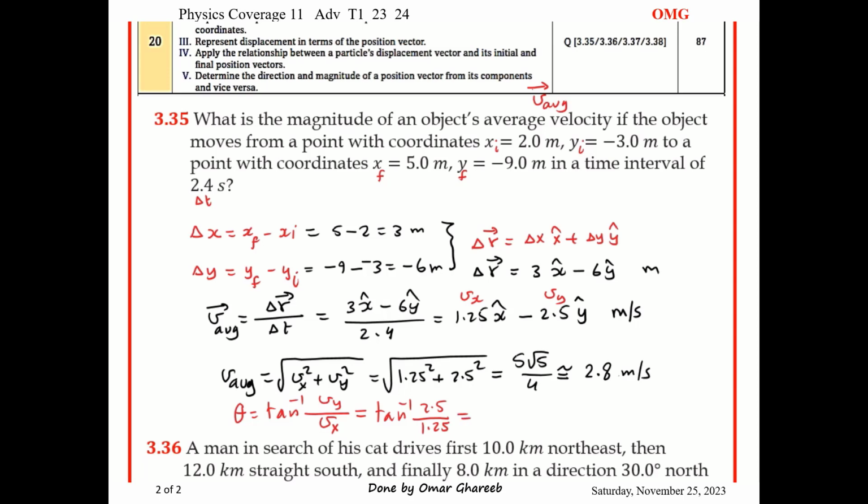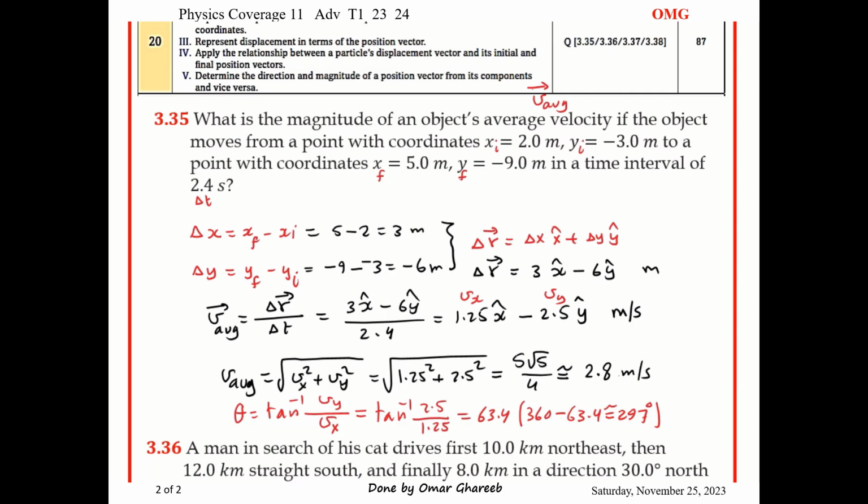The angle is 63.4, but this angle is in the fourth quadrant, so we must subtract from 360 and the answer is almost 297 degrees.